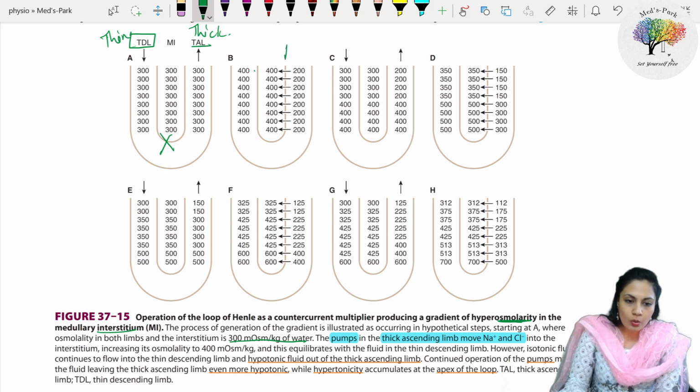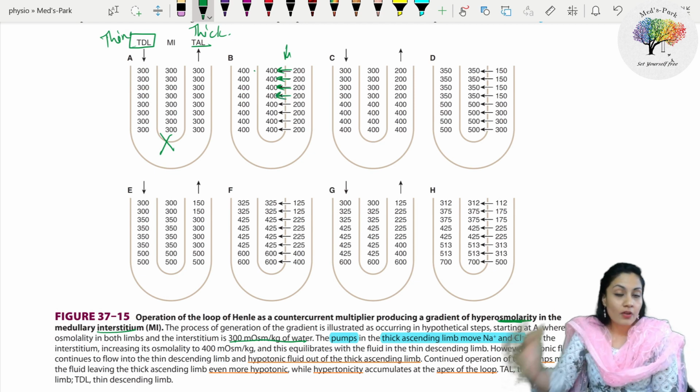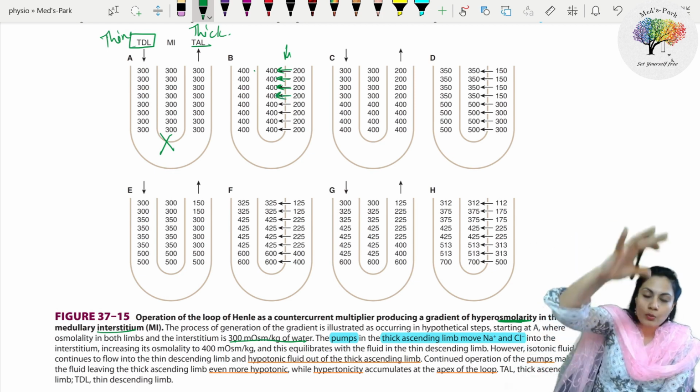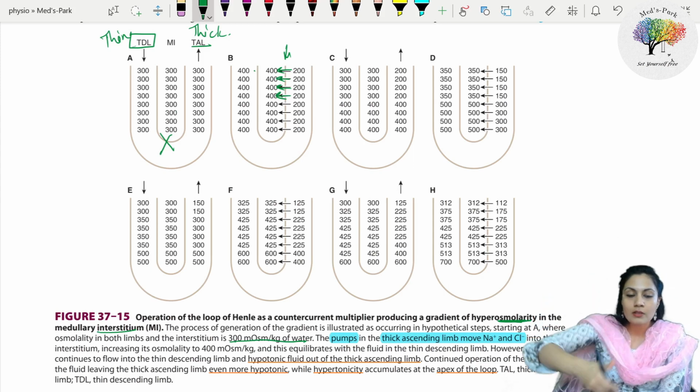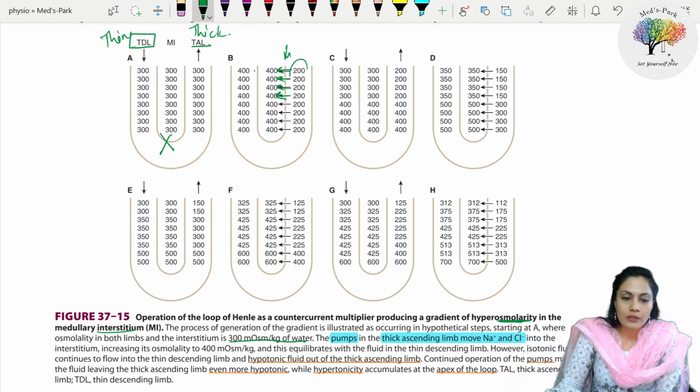We know that. Look over here, this is moving the sodium and chloride, and that's why, if you are moving the salts outside, in the medullary interstitium there is going to be hypertonicity, and inside, since the salt is moving out, the tonicity in the tubule is going to decrease. Okay, that's what it is writing.